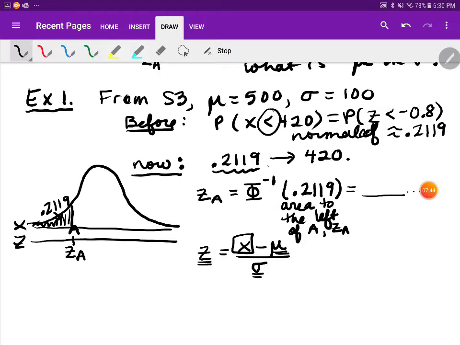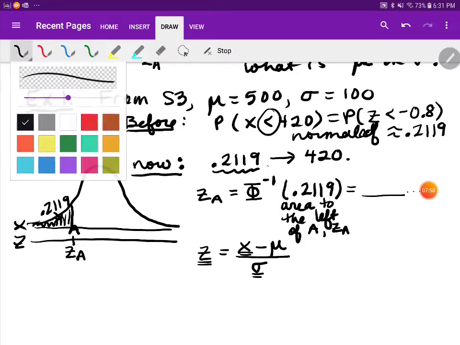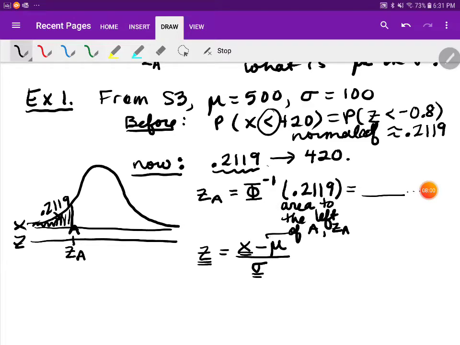So I will be able to go backwards. Now in the future, they don't have to have you missing X. They could have you missing sigma. They could give you X, they could give you Z, and they could ask you for mu, or they could ask you for sigma.